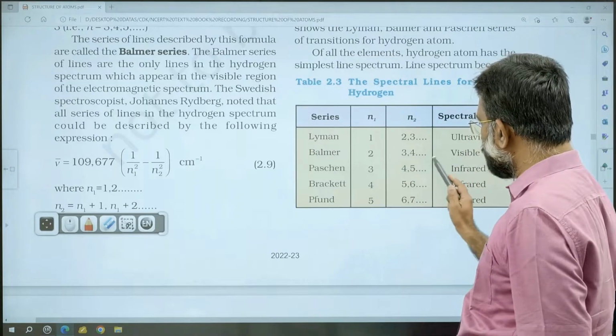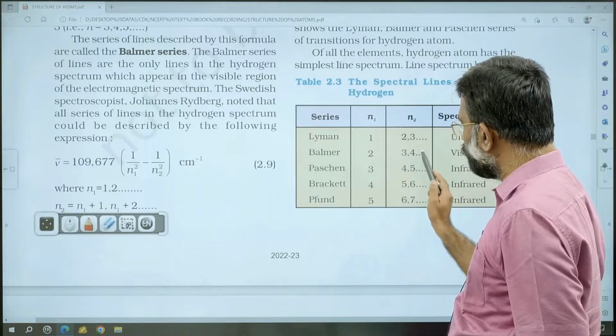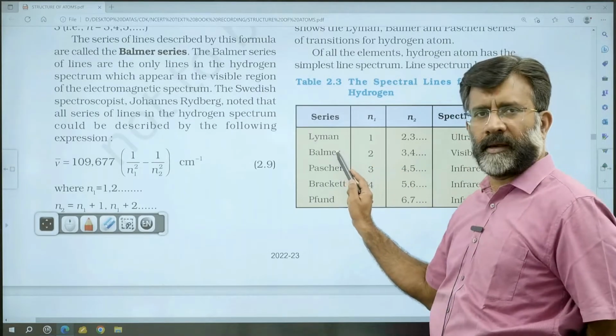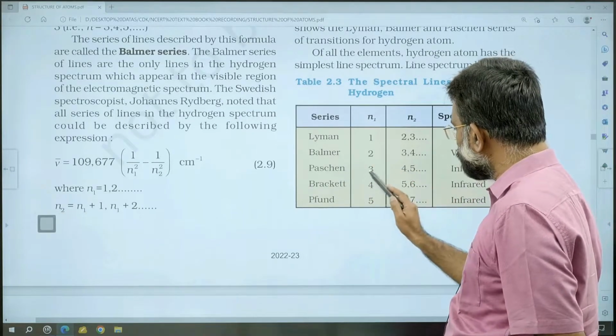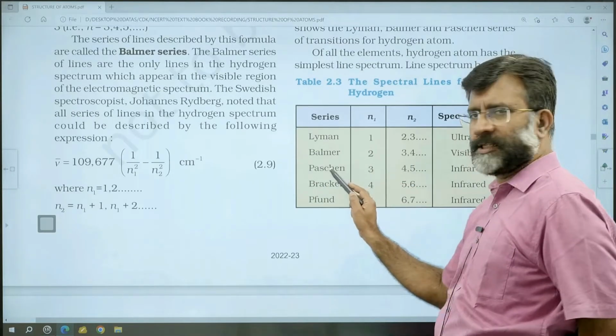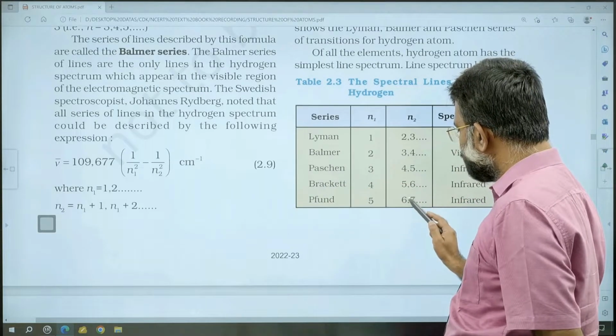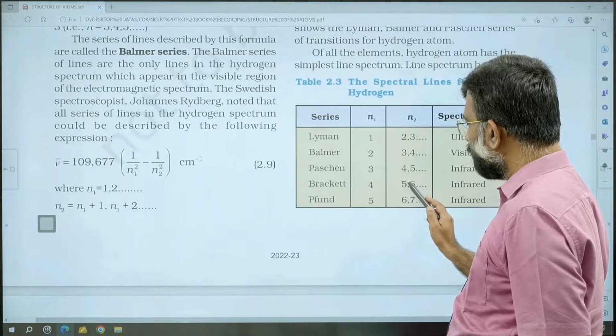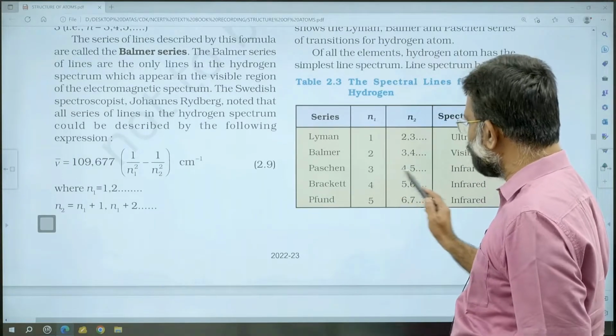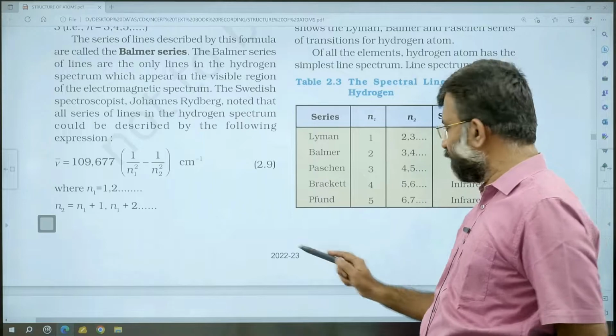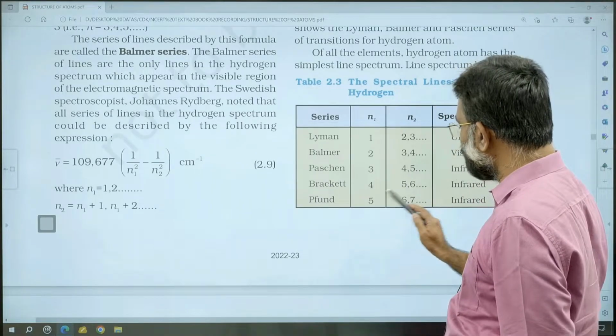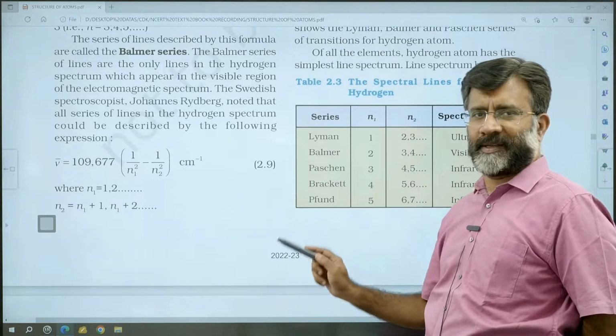An excited electron jumping from 3 to 2, 4 to 2, 5 to 2, that is Balmer series. 4 to 3, 5 to 3, 6 to 3, that is Paschen series. 5 to 4, 6 to 4, 7 to 4, Brackett series. 6 to 5, 7 to 5, 8 to 5, Pfund series.